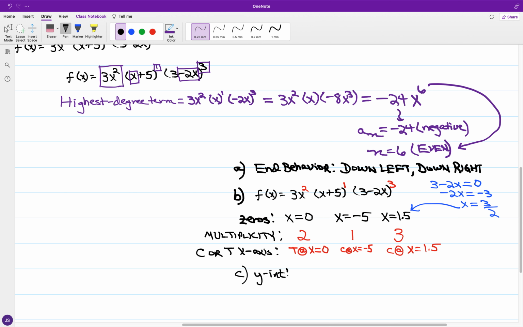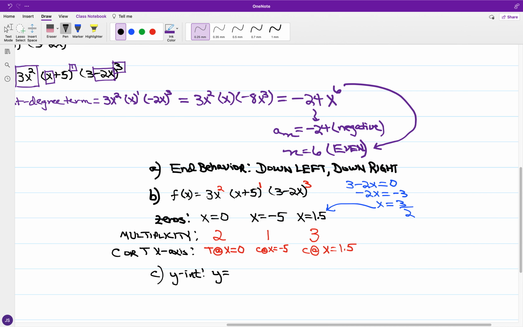for the y-intercept, you have this polynomial function, and let's say x is 0. So you have 3 times 0 squared. 0 plus 5 is 5. And then we have 3 minus 0, which is 3 cubed.